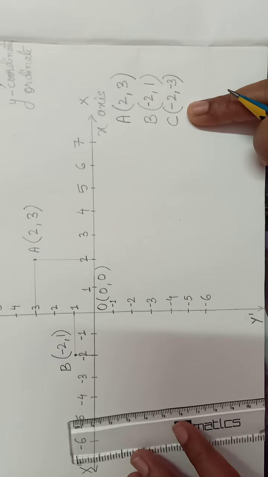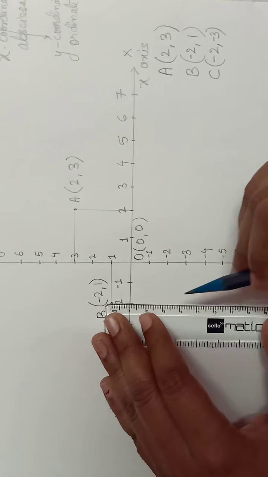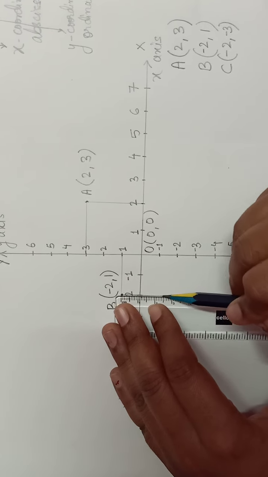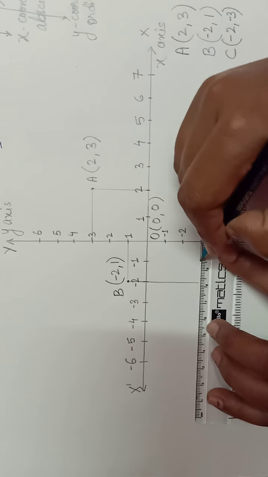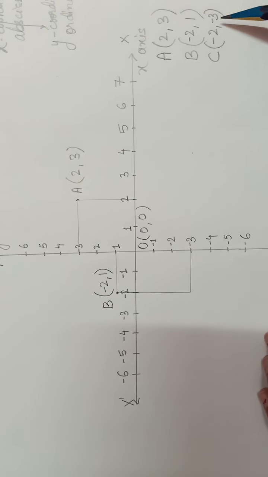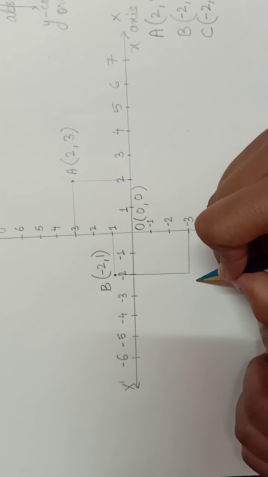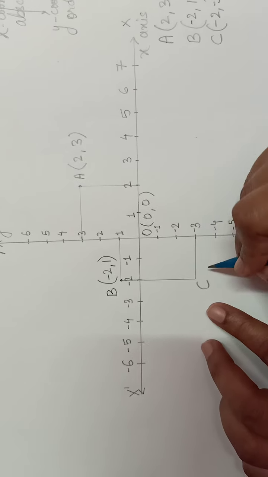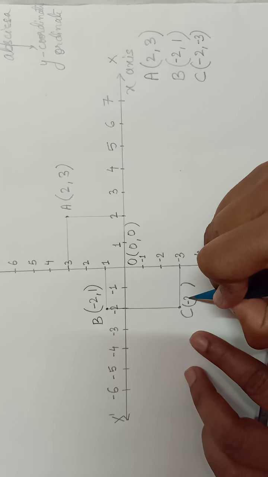Here, again I have to search -2 on the x-axis and -3, the second number, on the y-axis. Since both the coordinates are negative, the point will definitely lie in the third quadrant. You have to mark the point and write the point like this.